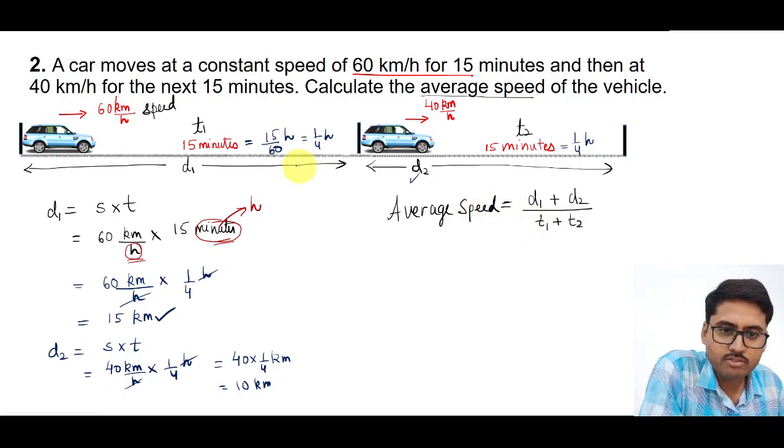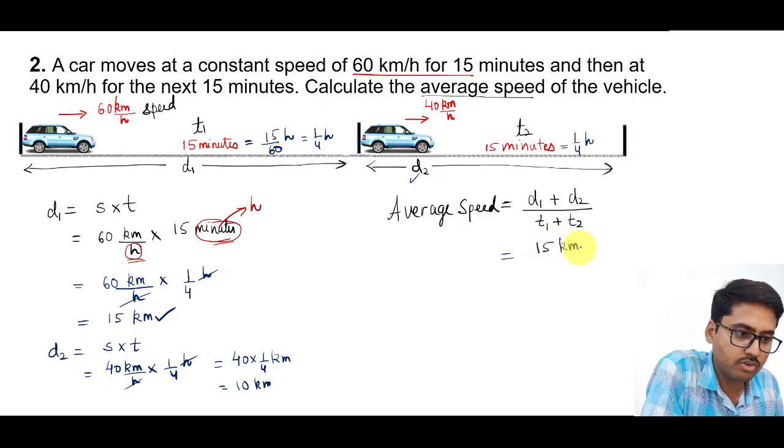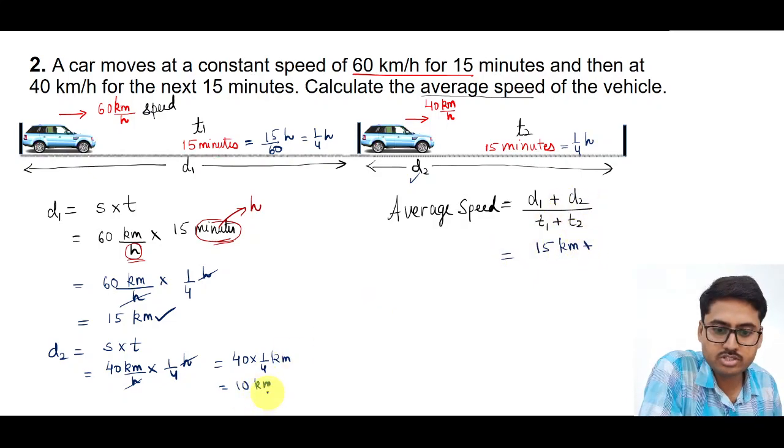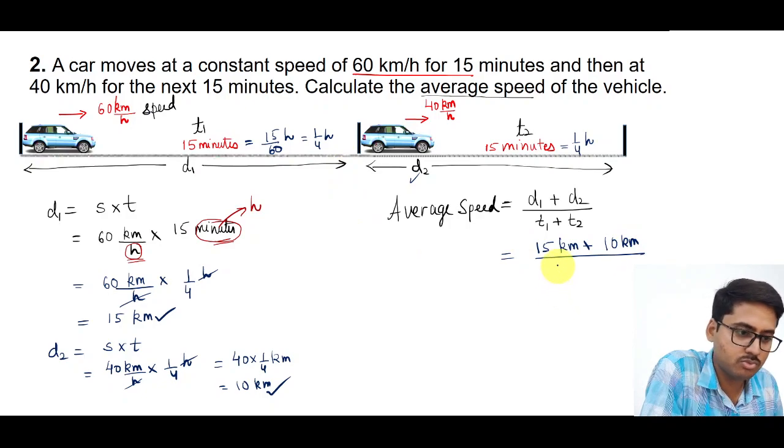And we also have the times t1 and t2, so we can solve this. d1, we got it just now, is 15 km, and d2 is 10 km, and the total time is 1 by 4 hour and again 1 by 4 hour.